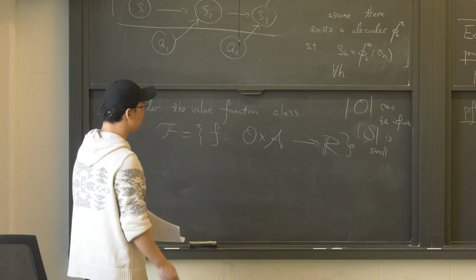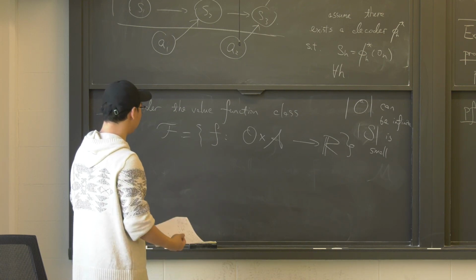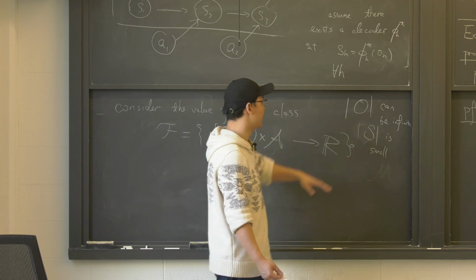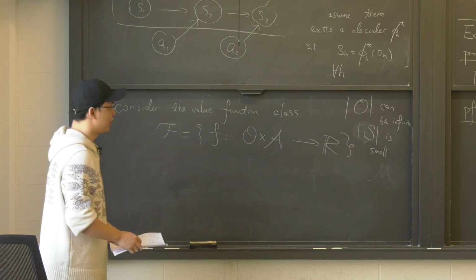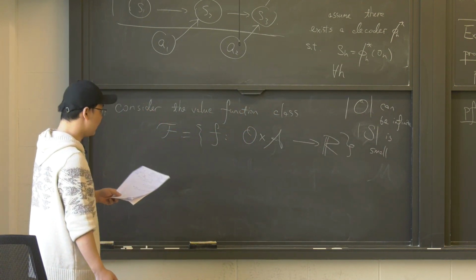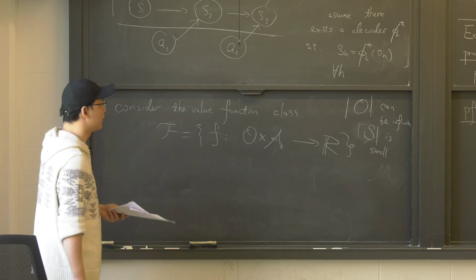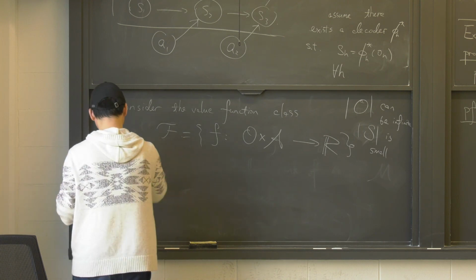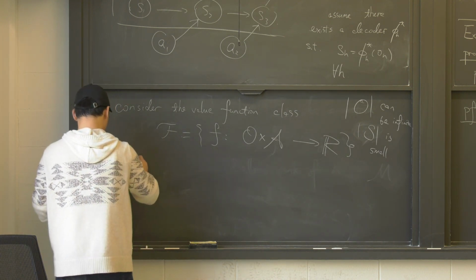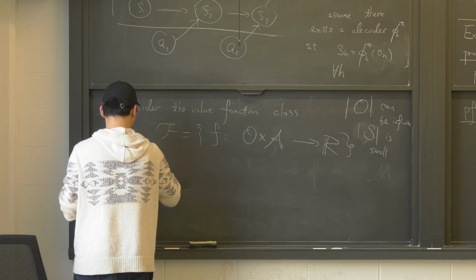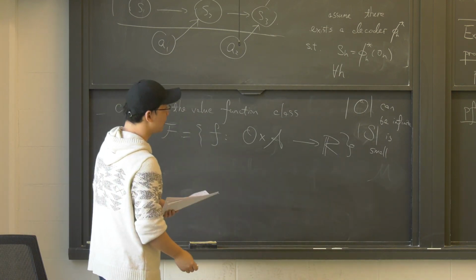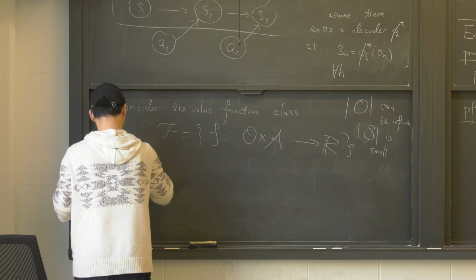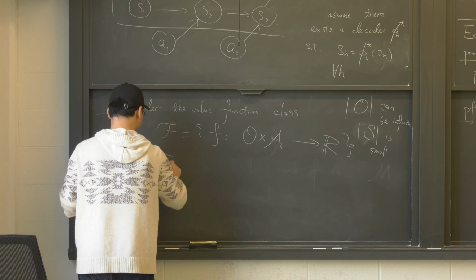If we naively apply tabular results, we're going to pay the cardinality of observation, which is not acceptable. This is why we need to use the general function approximation framework and look at the Bellman rank. It turns out for Bellman rank, you can also do a similar decomposition, where we look at the average Bellman error of f and pi f prime.